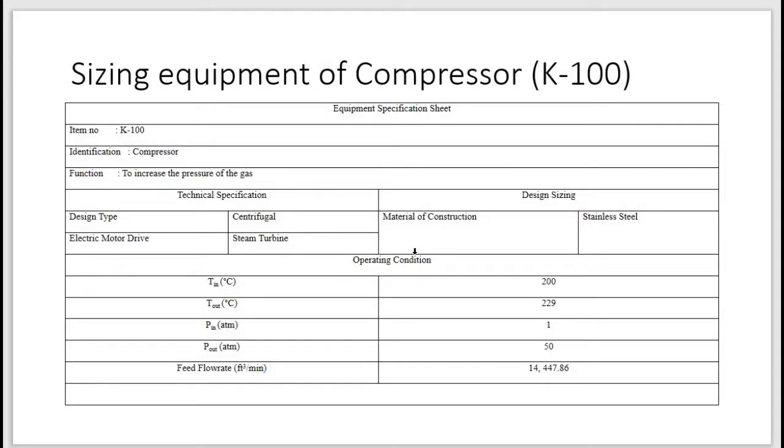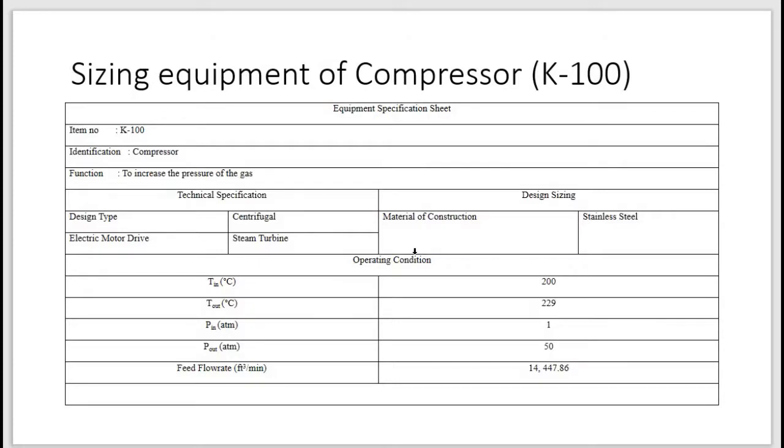Previously, some of the panels commented that we were advised to use staging instead of a compressor, but we sought further advice from another lecturer who is an expert in equipment sizing.